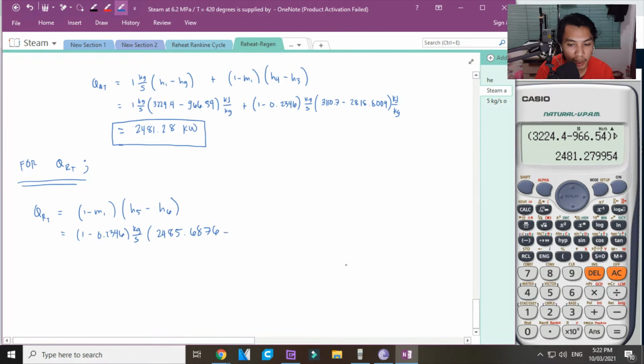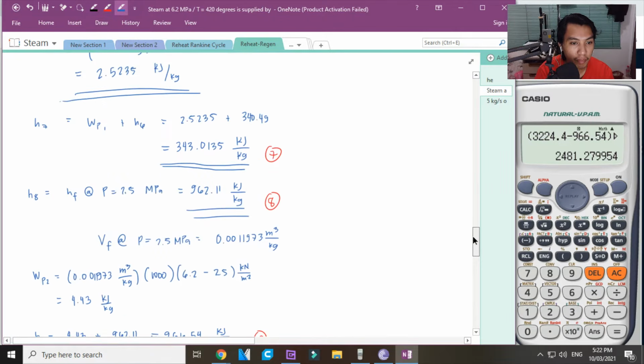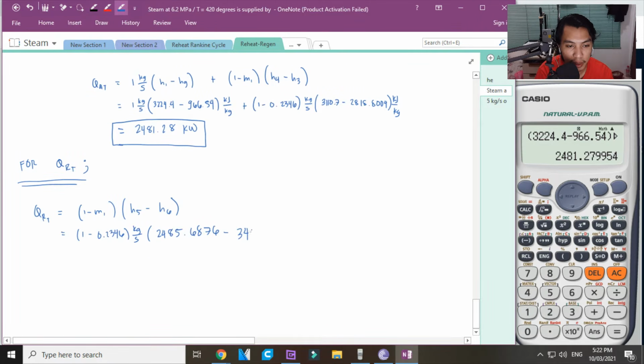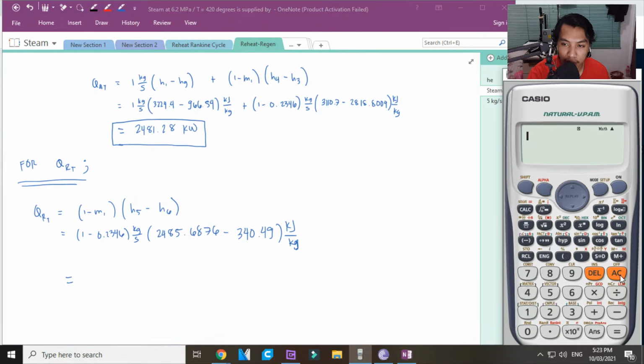2485.6876 minus H6, 340.49. 340.49 kilojoule per kilogram. You will now have 18 kilowatts. So, ulitin na natin: 1 minus 0.2346 multiplied to 2485.6876 minus 340.49.